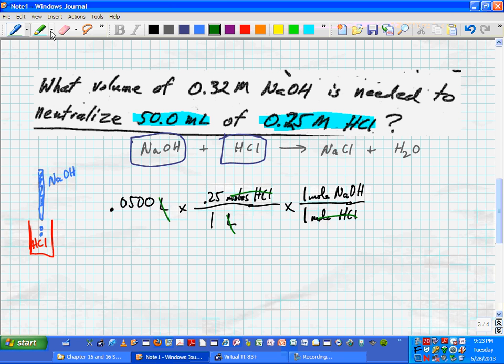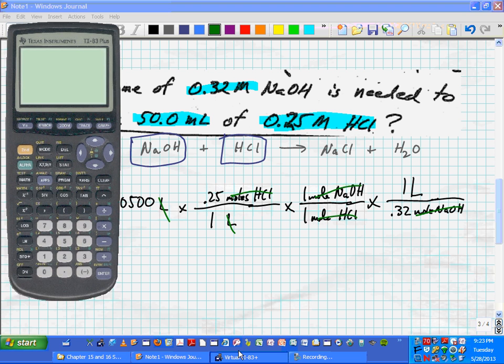I'm going to use this concentration here as a conversion factor. Remember, this is moles per liter. So I can say that for every 0.32 moles sodium hydroxide, I have 1 liter of solution. So then these guys cancel, and I'm left with liters. Now I could leave it in liters because it doesn't really say whether I need milliliters or liters, but you know what, I'm just going to give both. All right, so let's go ahead and calculate this out.